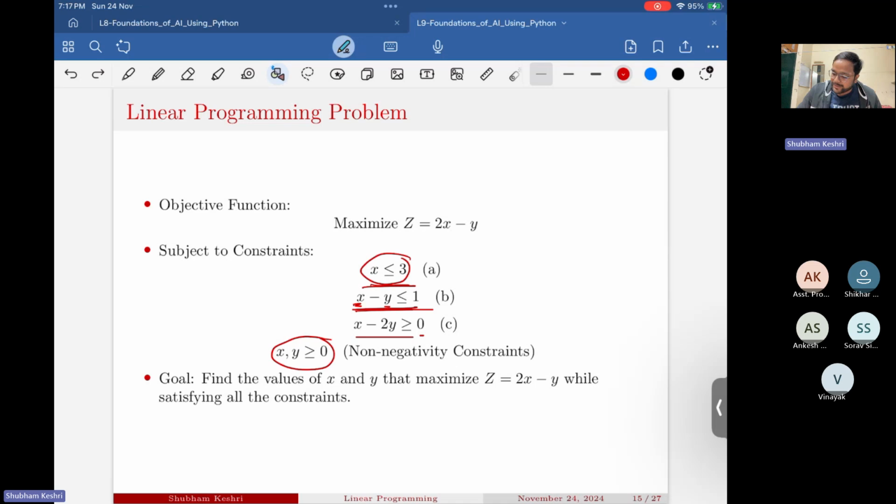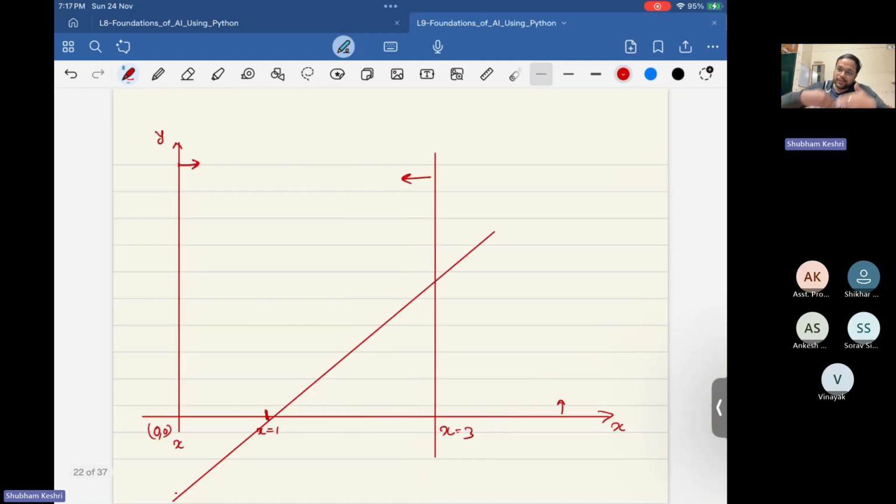If you put x equals 0 and y equals 0, you have 0 on the left hand side, and the right hand side is 1, so this satisfies that constraint. Therefore the origin is on the side which satisfies the constraint, so this region is what that constraint is referring to.